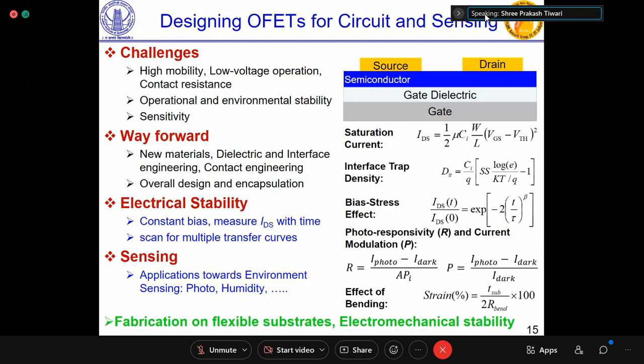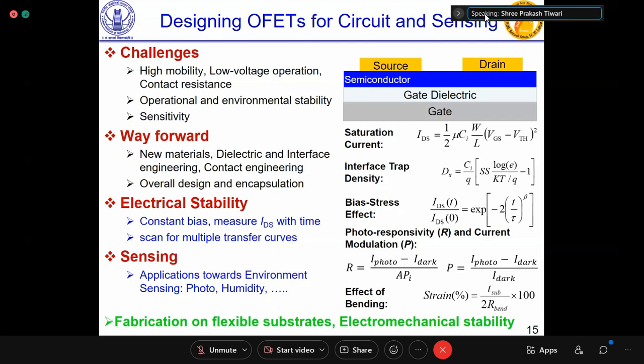So you have different dielectric layers, and you look for better interfaces. Then in contact engineering, you think about whether you can eliminate the Schottky barrier between the metal source and drain and the semiconductor. And then you can think about the overall design: whether you put source and drain at the bottom or on the top, and then you encapsulate it.